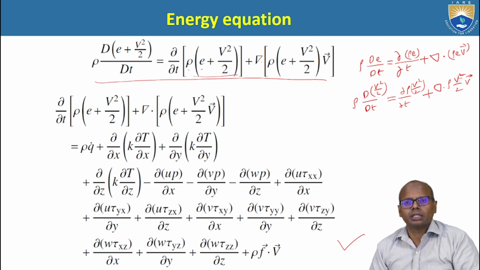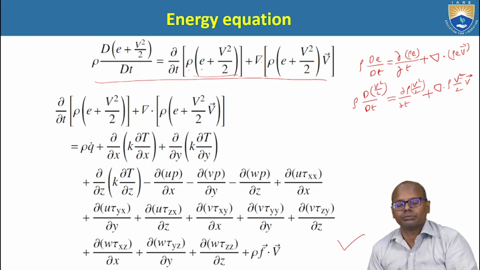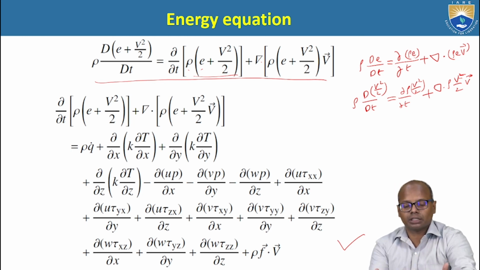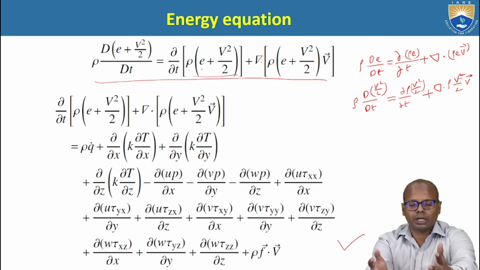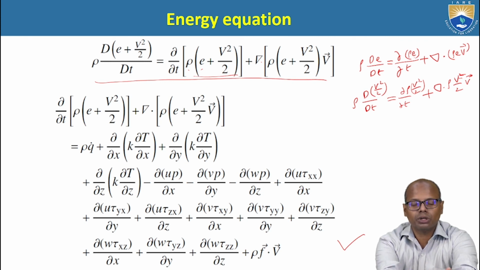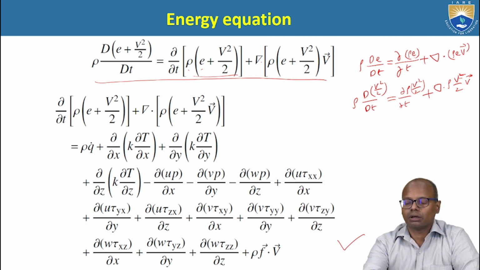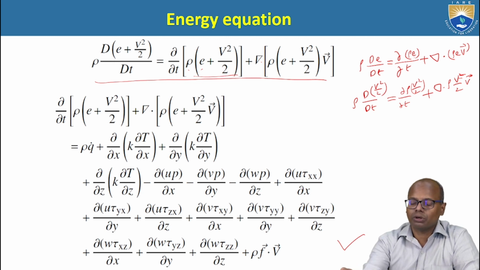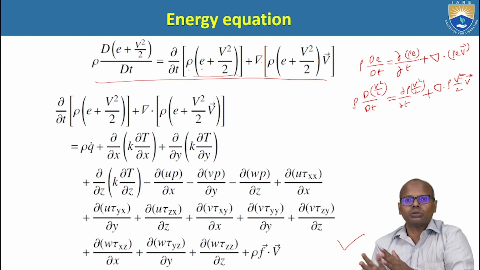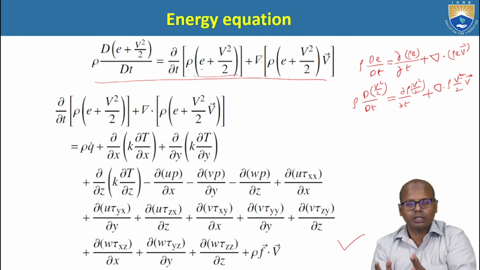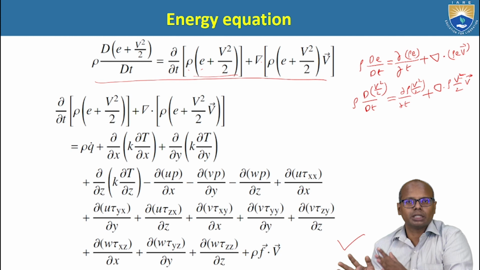Why we did that is just to say that this can be done separately. If I can split this for kinetic energy and internal energy separately, and the left hand side also I can make separate, E and V bar separately, I can make the total derivative into partial derivative terms. By doing that, I can simply add up and say that this is the final conservation form of the energy equation.